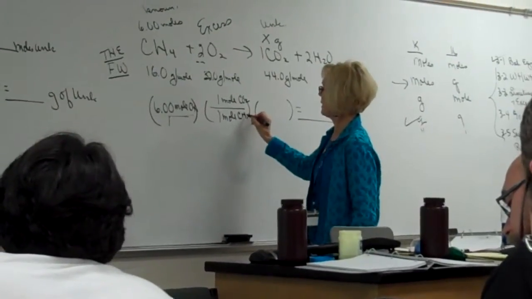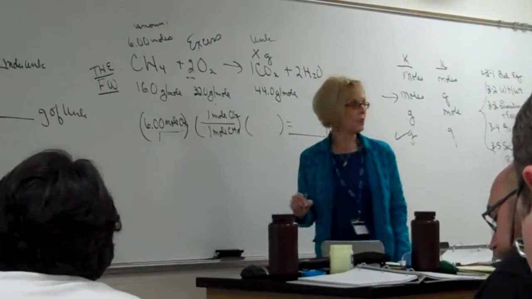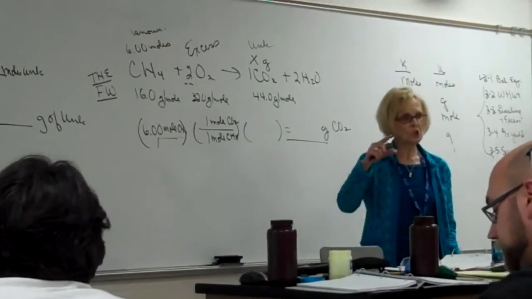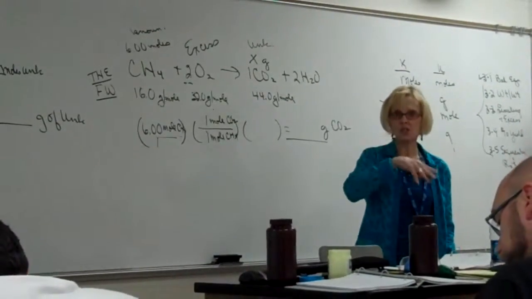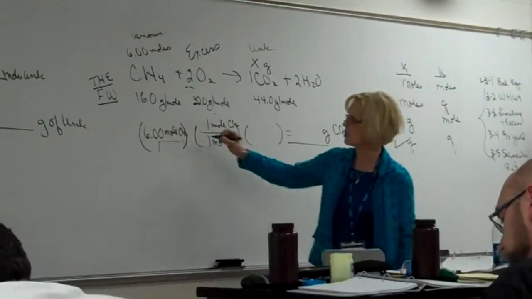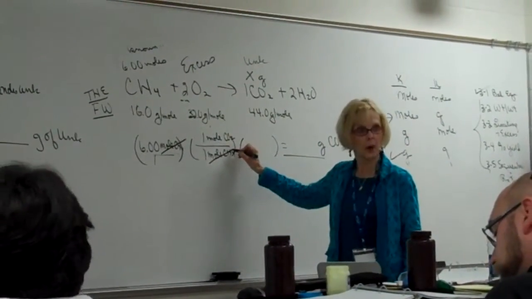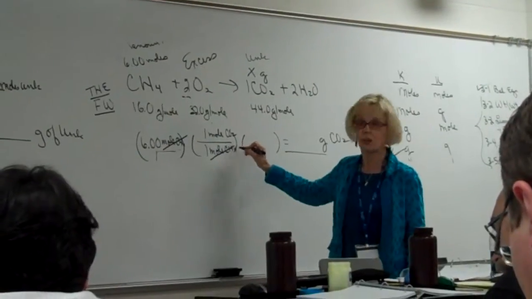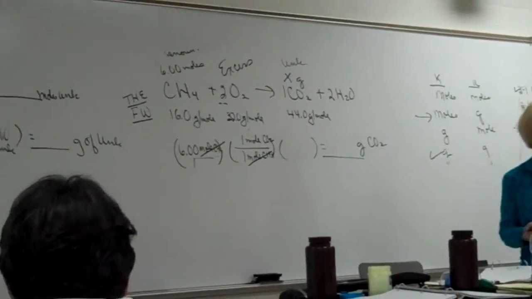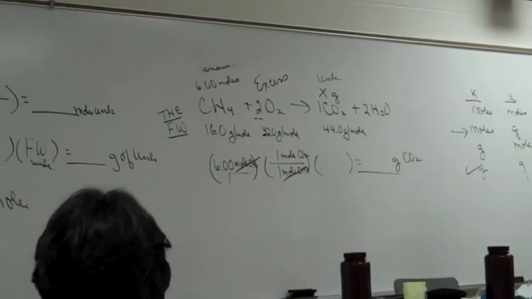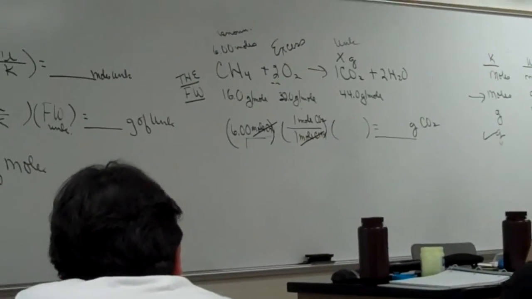1 mole of methane. And if you think back to chapter 1, when you were doing unit analysis to do metric English conversions and so forth, moles of methane's on top, you better have moles of methane on the bottom. That means coefficient of methane. Okay, so we know we got 6 moles of CO2 right off. And if they'd asked us for moles of CO2, hey, end of story.